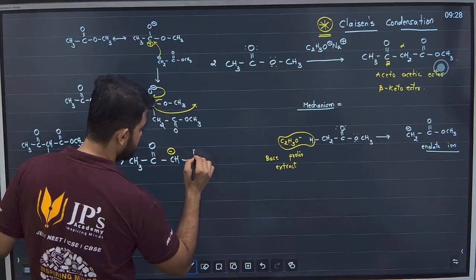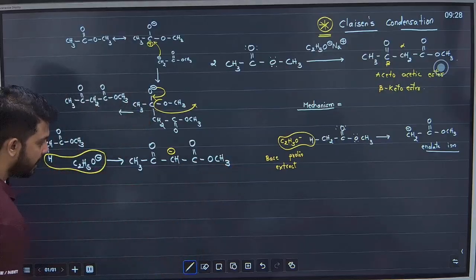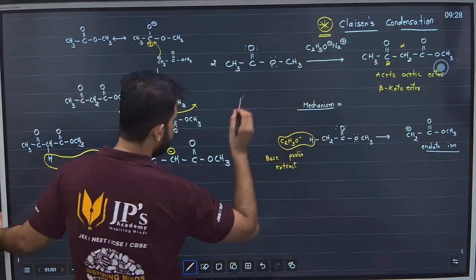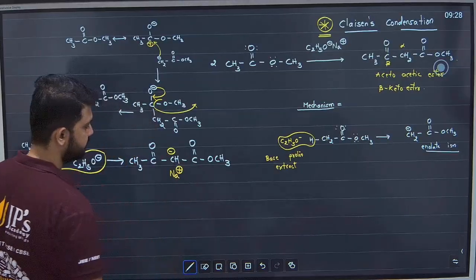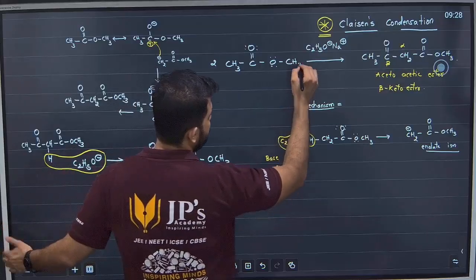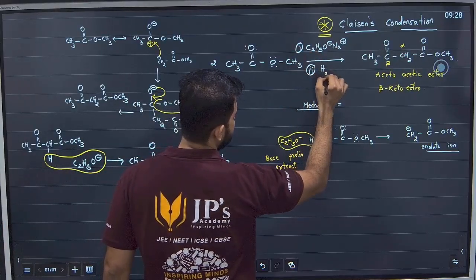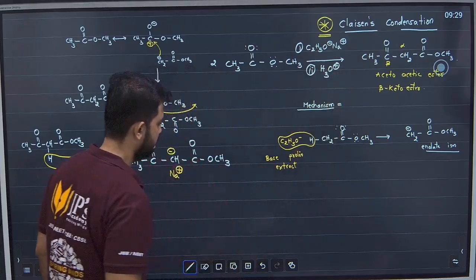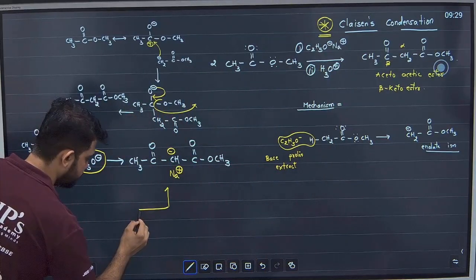Again there is a formation of an enolate ion, but this Na plus gets attracted here. Okay, and in the presence of a solvent, यहाँ पे एक equilibrium establish होता है.